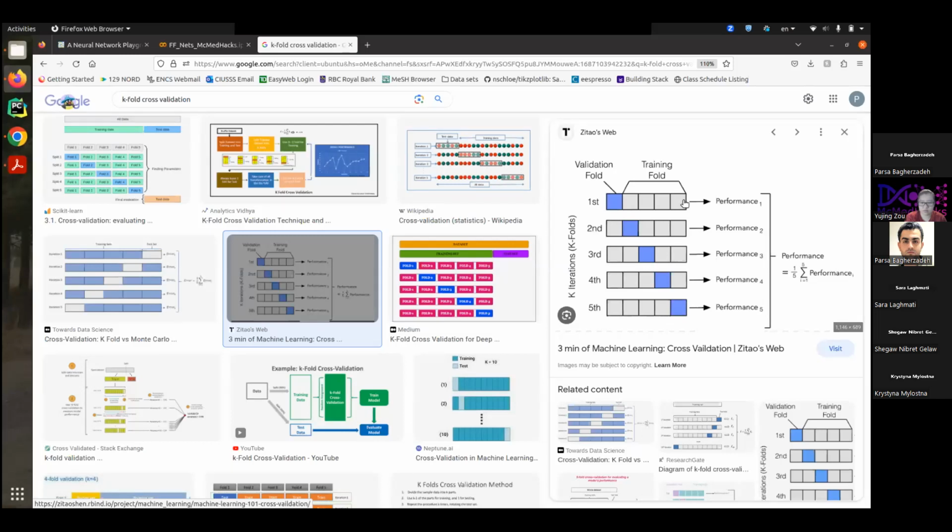Then I have a second fold, which I use for the test and the rest for the training. Overall, I have 5 folds and 5 performances on different partitions as the test set. So I can average these 5 performances. I can also report other measures like the variance or standard deviation of the performances on different folds.